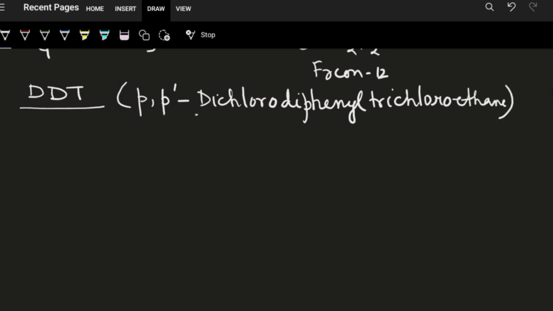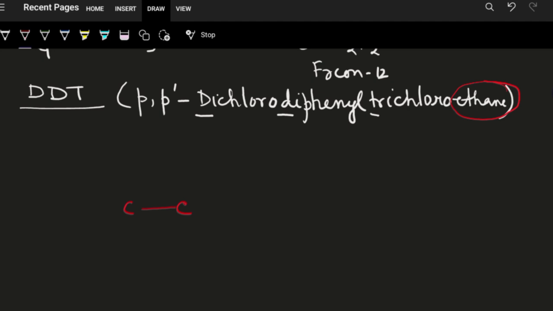So D, D, T: dichloro, diphenyl, trichloroethane. Now if you need to draw the structure from this name, we need to focus on the parent ethane. Ethane means 2 carbon atoms. Now p,p'-dichlorodiphenyl trichloroethane.